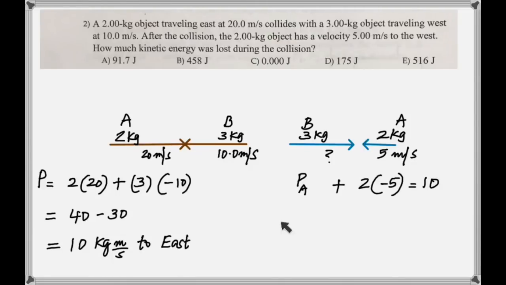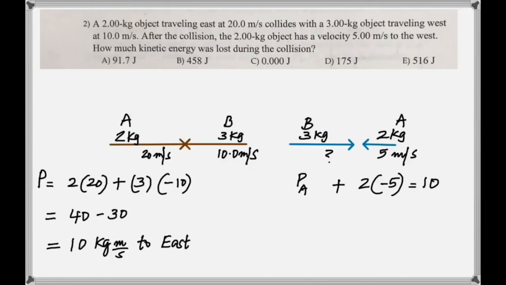After collision, the momentum of A is unknown, so I've just left it there, but the momentum of B is 2 times negative 5. Again, it's negative because it's moving to the west. And that should equal 10. Why? Because the total momentum before collision should be equal to the total momentum after.